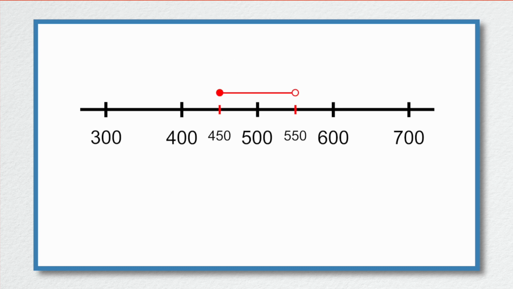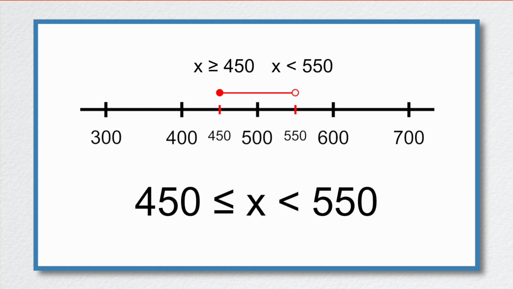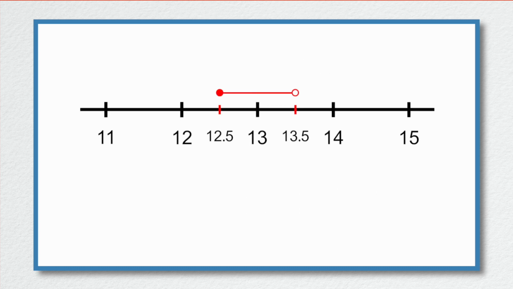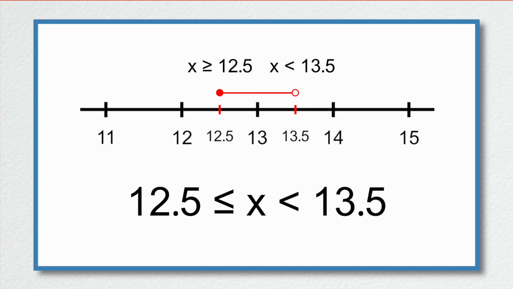We have x is greater than or equal to 450, and x is less than 550. So here's the inequality. And finally, we have x is greater than or equal to 12.5, and x is less than 13.5. And here's the inequality.